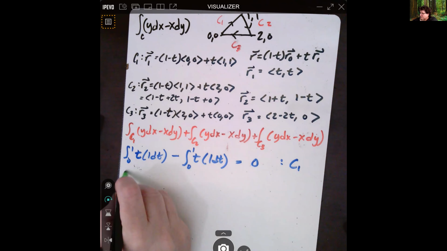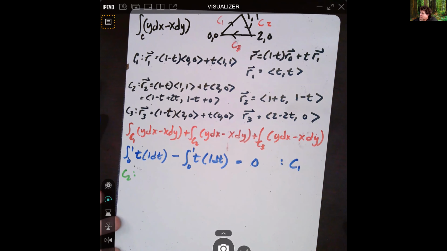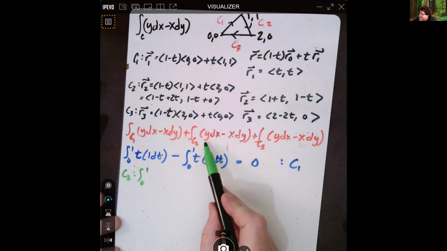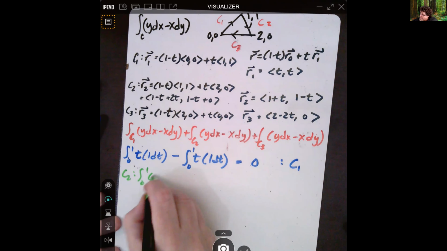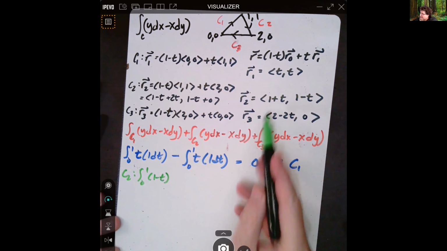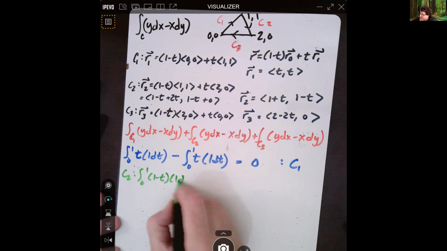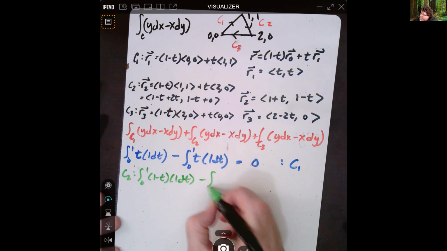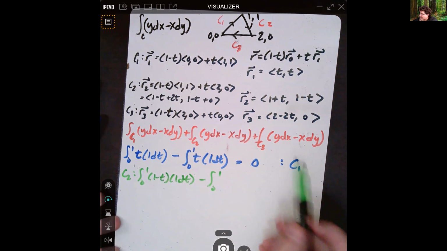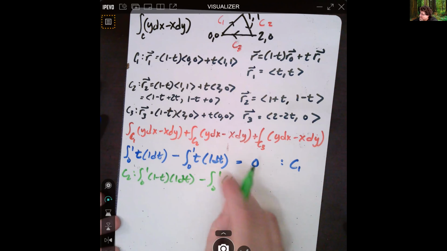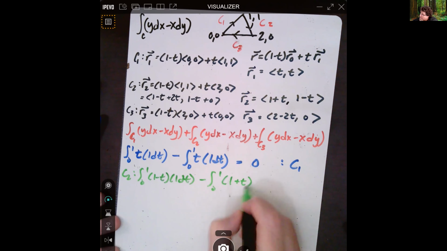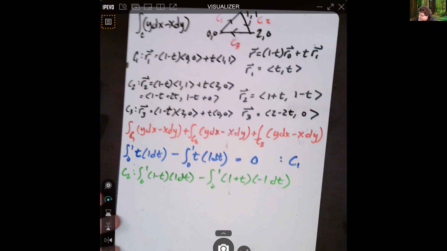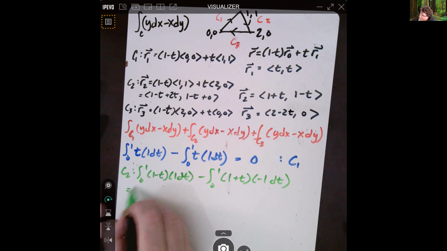If we take a look at curve 2, we're going from 0 to 1. I need y, which is 1 minus t. dx is 1, so 1 dt. And then we're subtracting x dy. x is 1 plus t, and dy is -1, so -1 dt. There's a lot to unpack here.